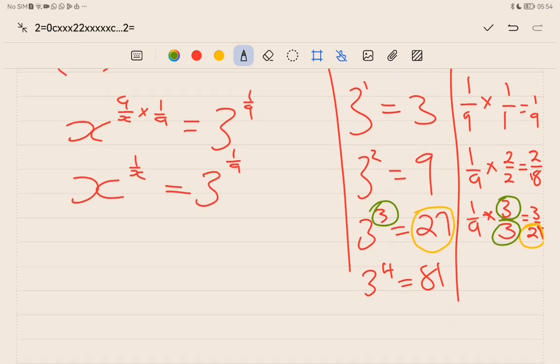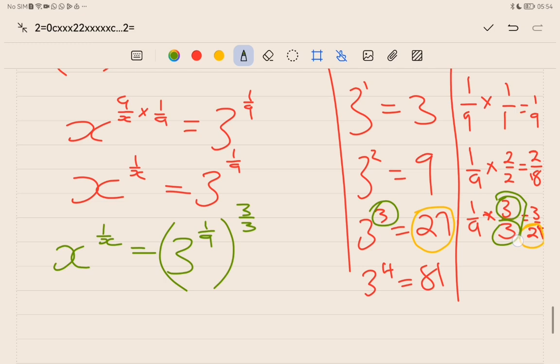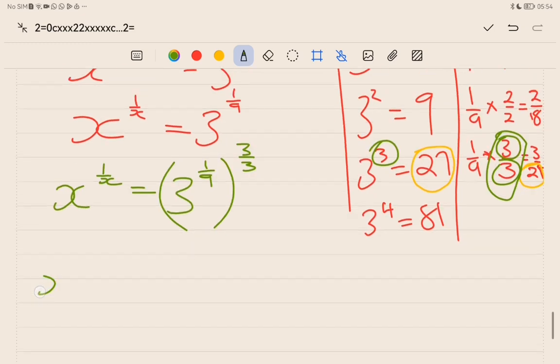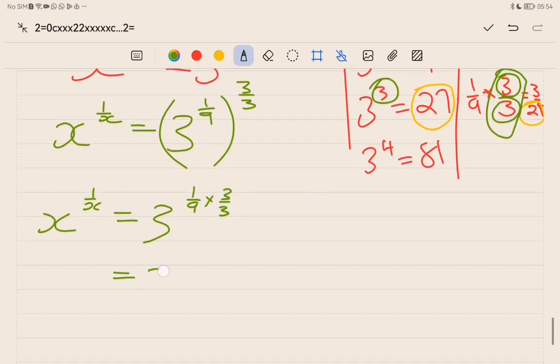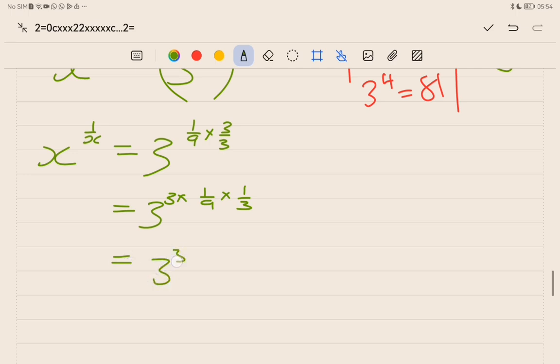Meaning that you're going to manipulate the right hand side. How? You just raise everything to the power 3 over 3. Now it is time for you to manipulate, and when you manipulate, this is what comes out.